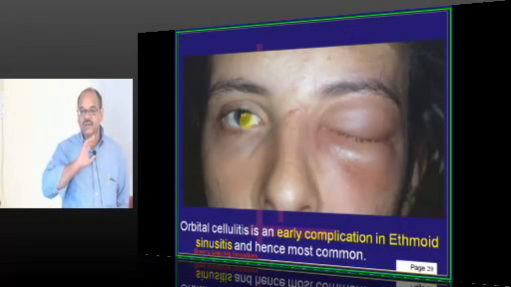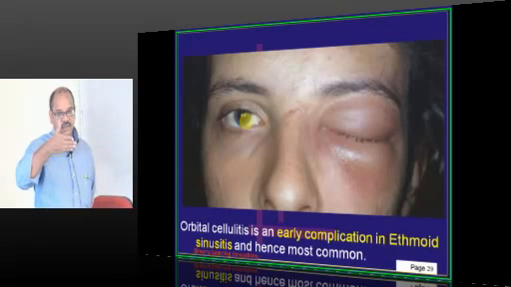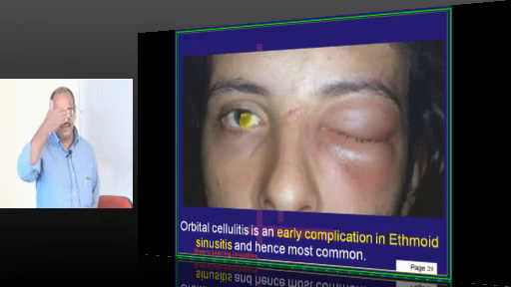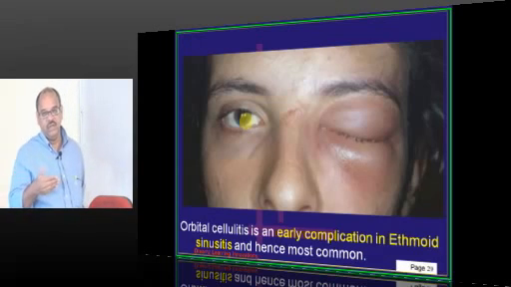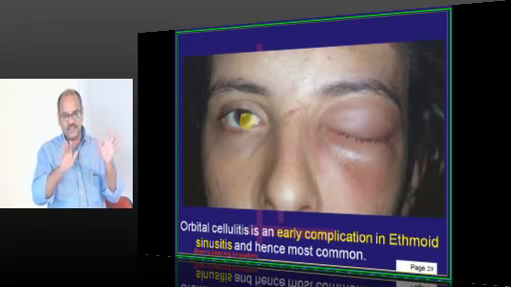Simple logic of it is the ethmoid sinus is very close to the orbit. The ethmoid sinus is divided from the orbit by a thin lamina called lamina papyracea, which is a thin bone, not always continuous. It's paper thin with defects in it.